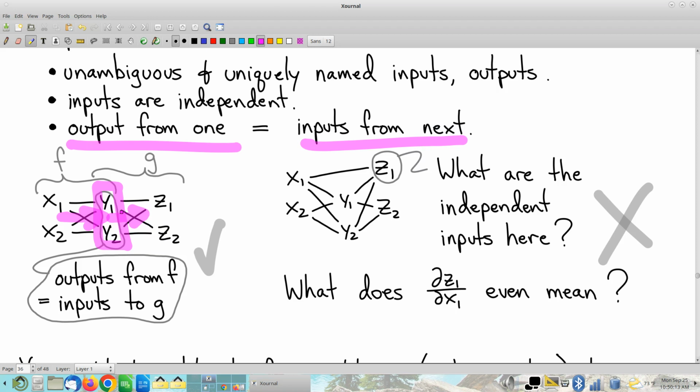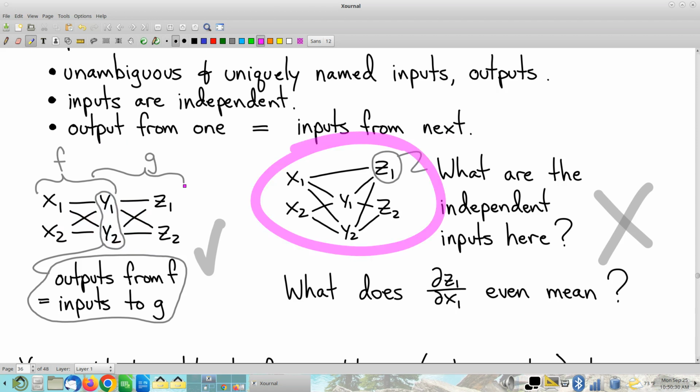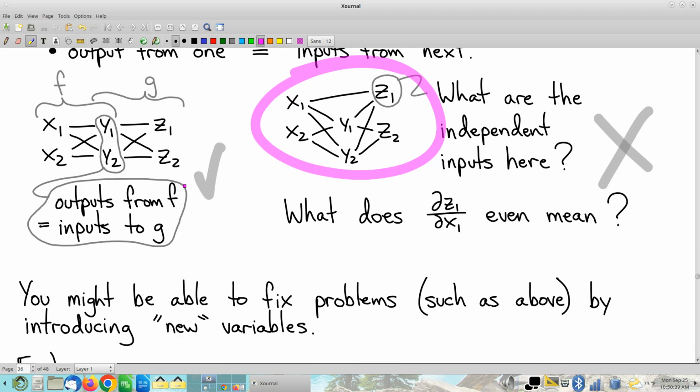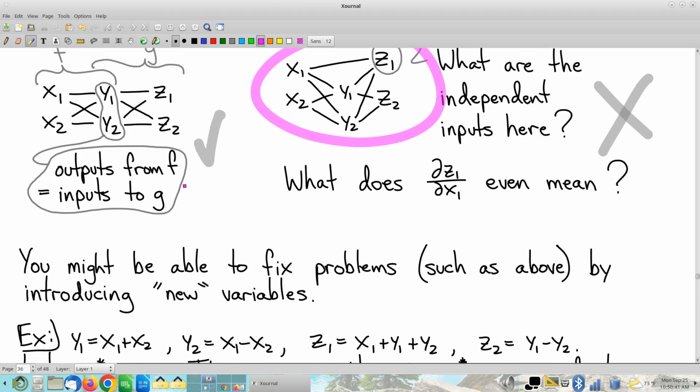Okay, so whenever you have a composition of two functions, you get a corresponding diagram. It does not follow that every diagram represents a composition of functions. So over on the right here, we have a diagram that represents certain relationships between certain variables. And, for example, you look at this algebra down here.